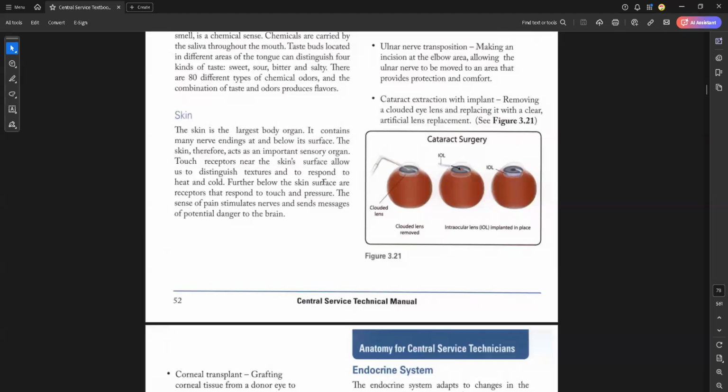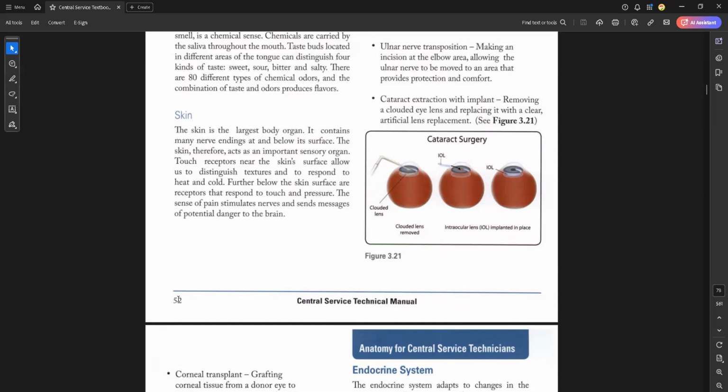Cataract. Very good. So you see, some of the surgical procedures, cataract extraction, you can see figure 3.21. When you look at the picture, look at how the clouded lens is removed and an intraocular lens implanted.